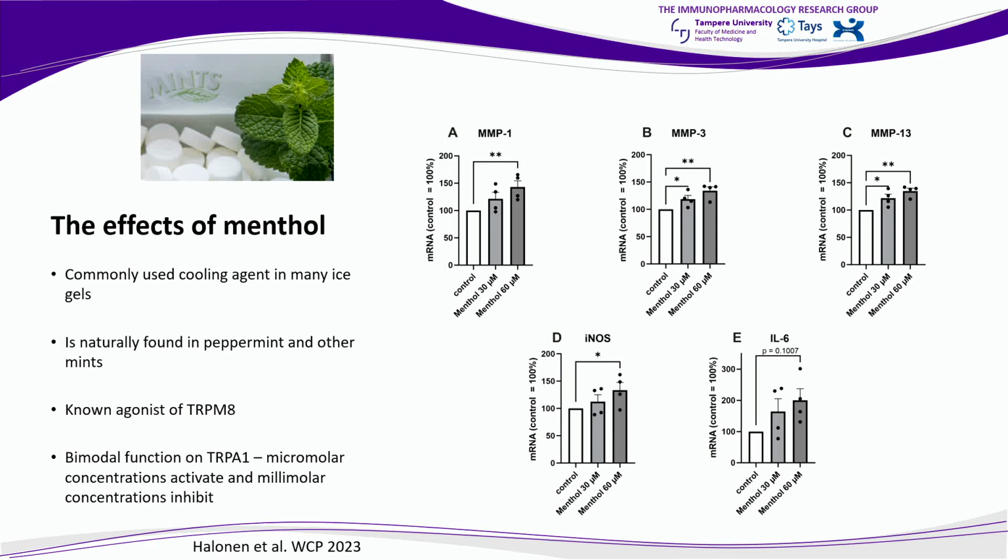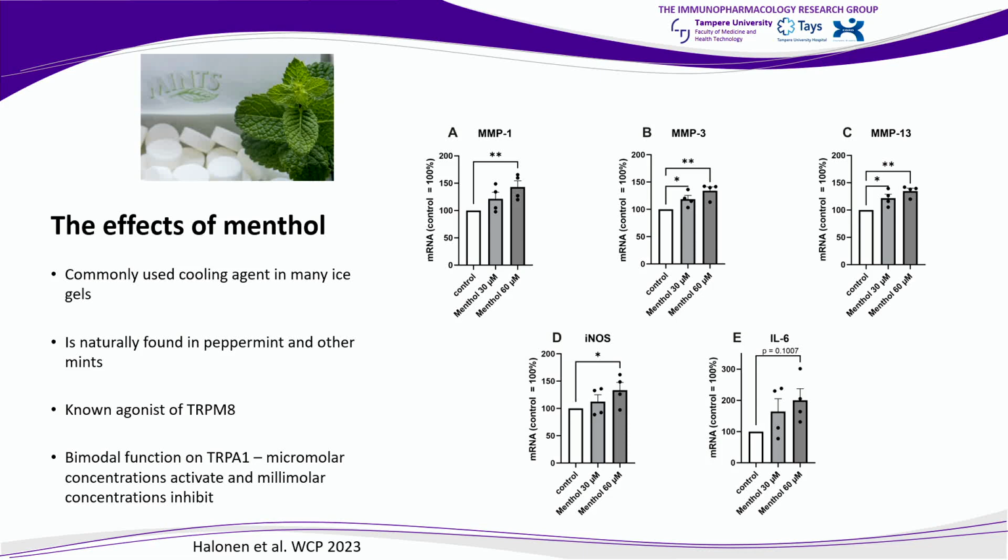Next, we wanted to test the effects of menthol, which is an interesting compound. It is a commonly used cooling agent used in many ice gels, and is naturally found in, for example, peppermint and other mints. It is traditionally known to be an agonist for TRPM8, and the cooling sensation of, for example, menthol powders and menthol gels is thought to come through TRPM8.